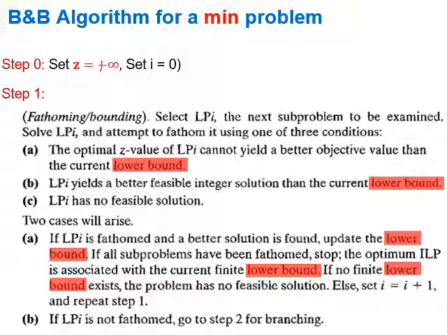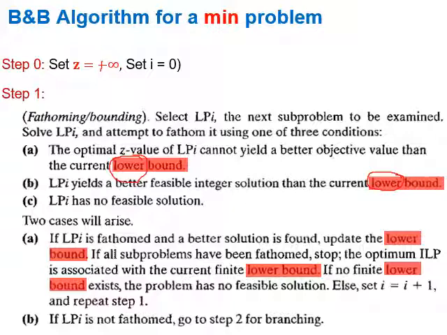For a minimization problem, the current integer solution is not a lower bound, but an upper bound. So this should be changed to upper bound. The second reason is if LPi yields a better feasible integer solution than the current one, again, it's the upper bound. Okay? The third one, LPi has no feasible solution.